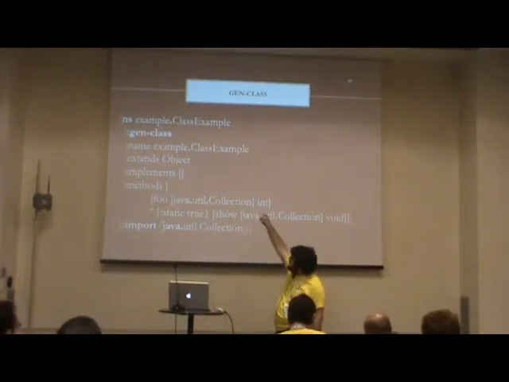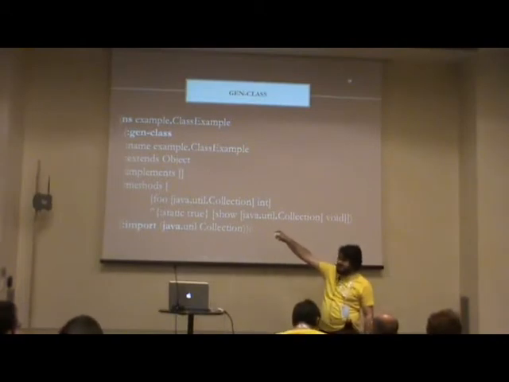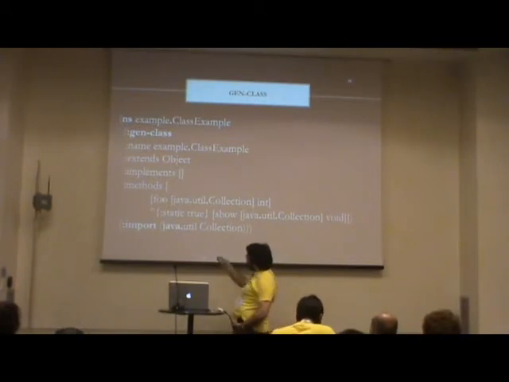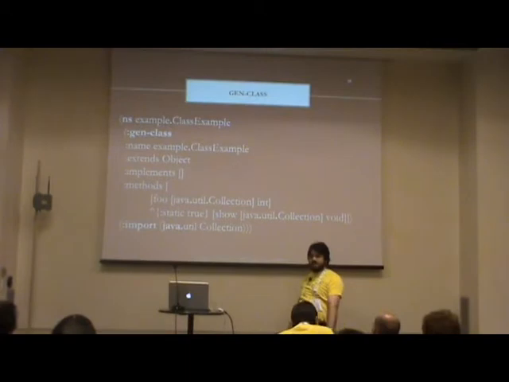So we specify the name of the class, we say which objects it extends, and which interfaces it implements. Here is the empty list. And here we say which methods are implemented in that object.